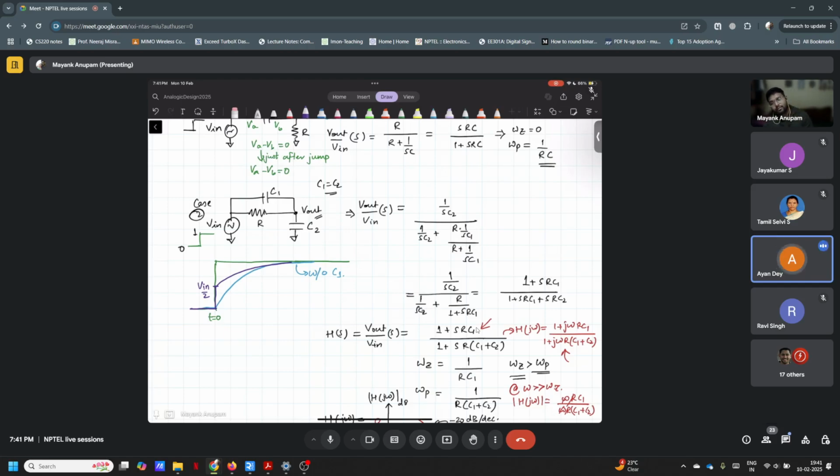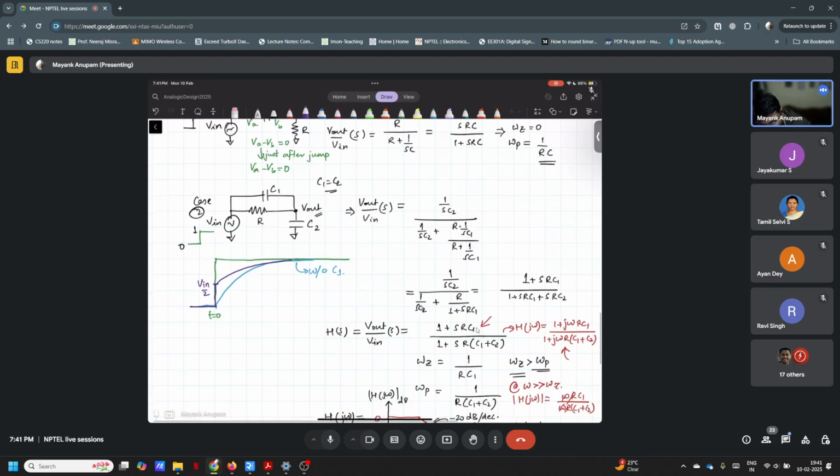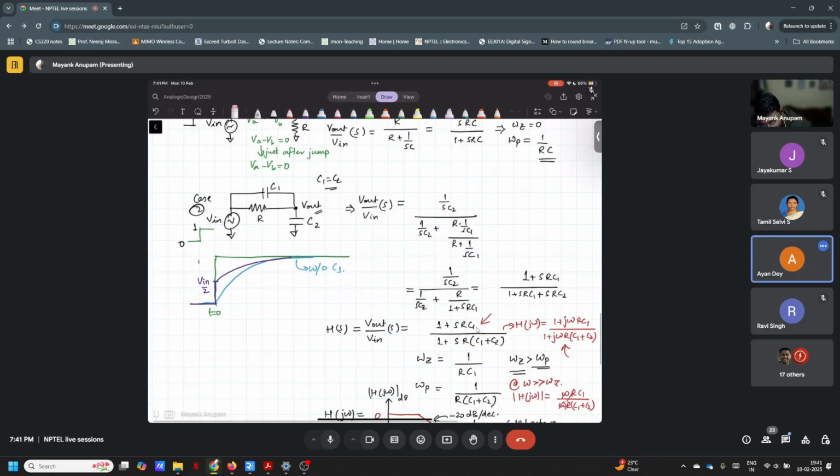But I want to know, without applying the Bode plot, how can I get the final value? Okay. First of all, let's not jump there. First let me ask you whether you understood this, that it will suddenly jump completely. This is understood by everyone, right?